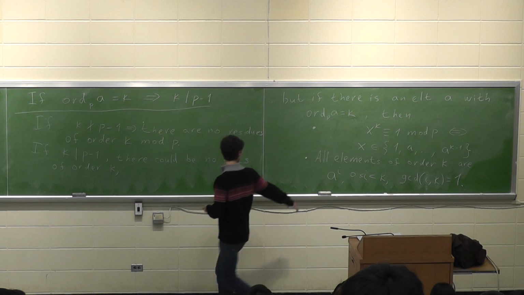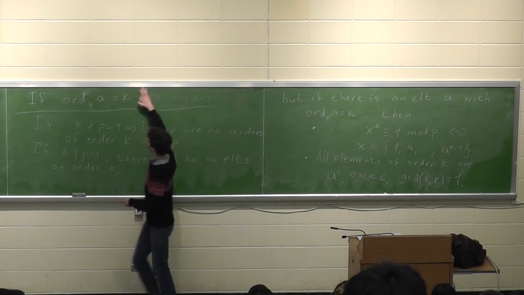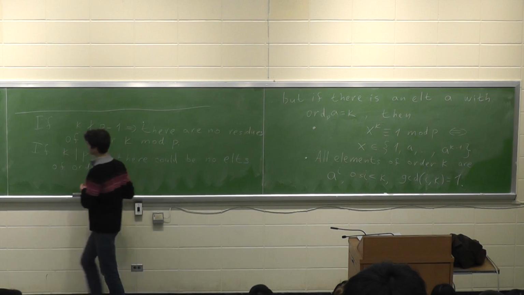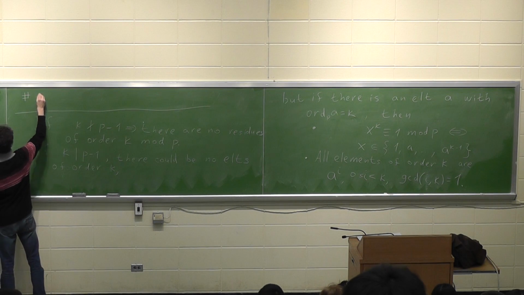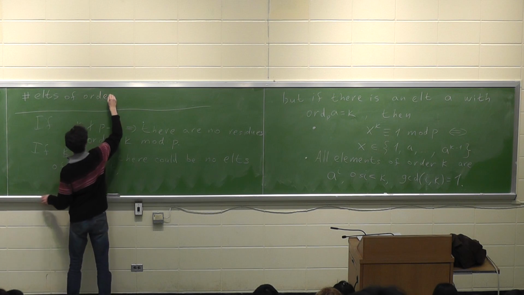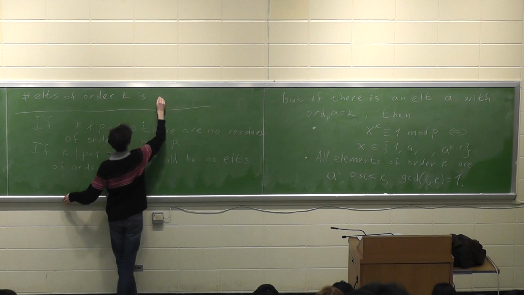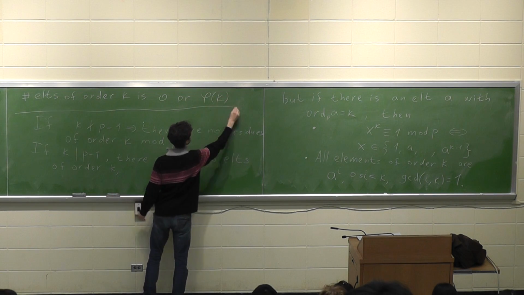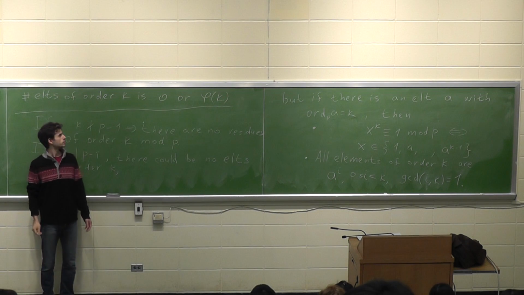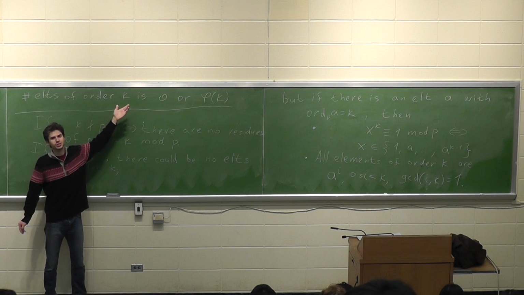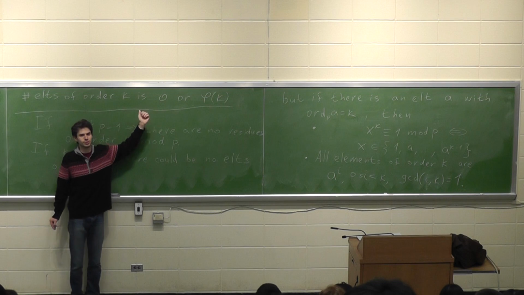So once again, the number of elements of order k is 0 or φ(k). It could be 0 actually. For example, if k is not a divisor of p minus 1, it's definitely 0.